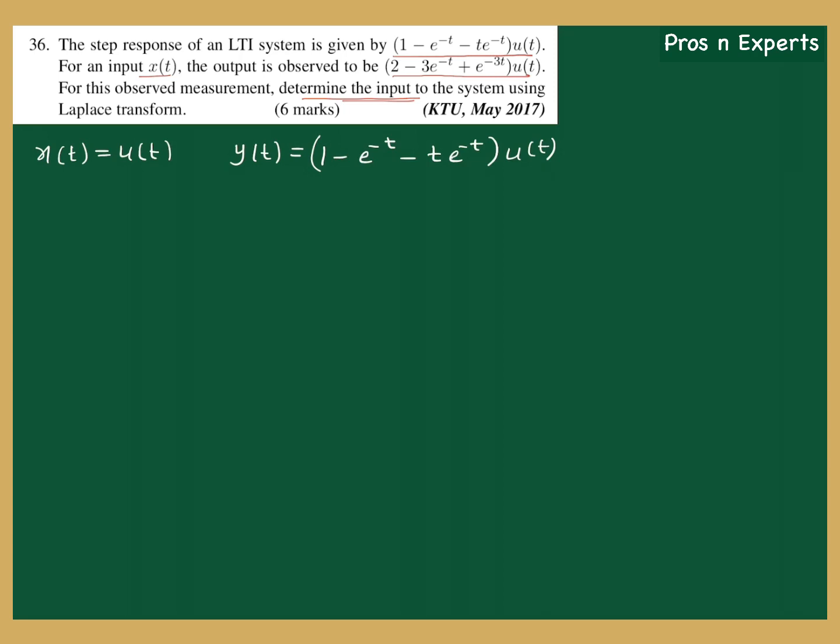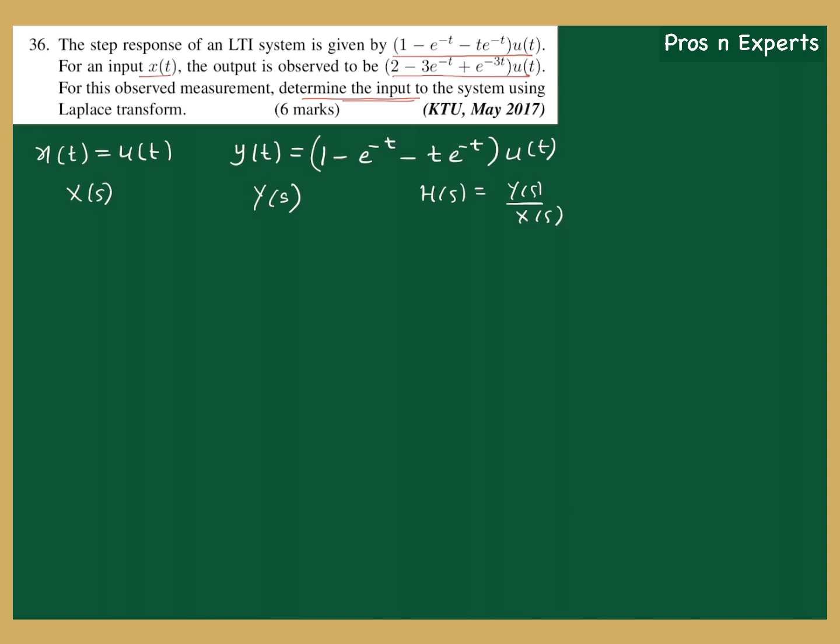So what can you calculate from just these two pieces of information? It is nothing but H(s), right? Because you have x(t), so you know X(s). You have y(t), so you can calculate Y(s). With X(s) and Y(s) in hand, we can easily calculate H(s). H(s) is equal to Y(s) by X(s).